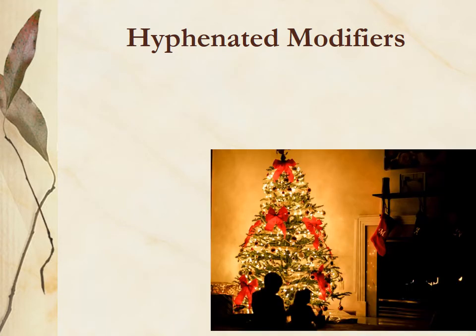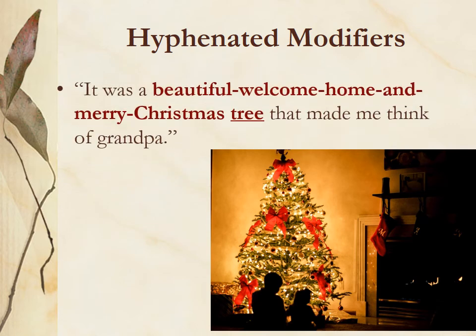Here's one more example. It was a beautiful "welcome-home-and-Merry-Christmas" tree that made me think of Grandpa. This time, we're describing the word tree. And we want this tree to feel special.